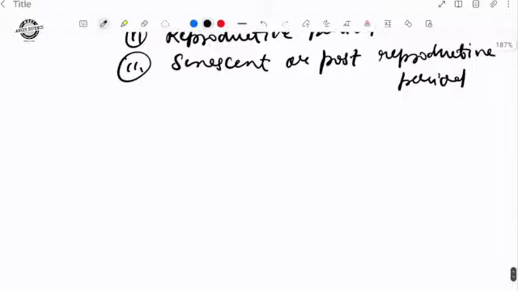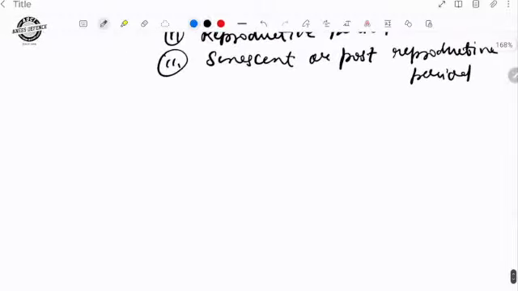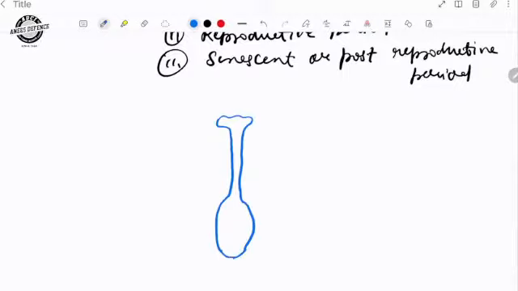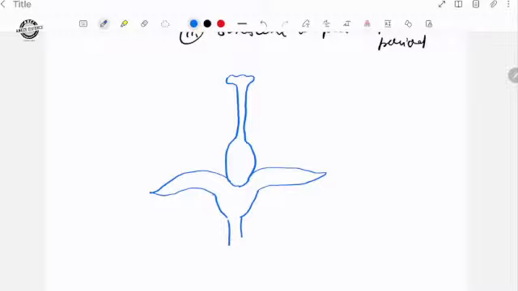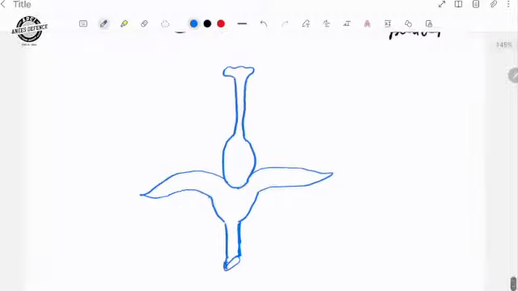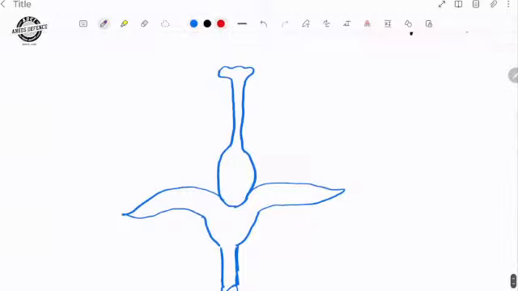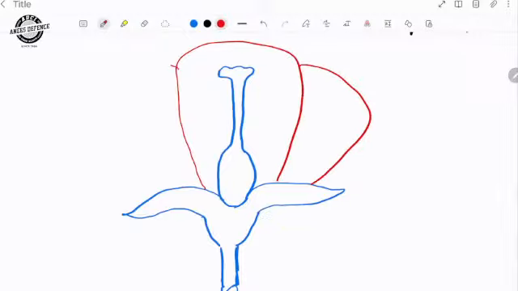First, you should know about the flowering plants. Let me make one flowering plant. This is the structure of the flower.